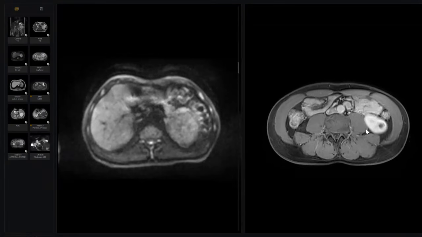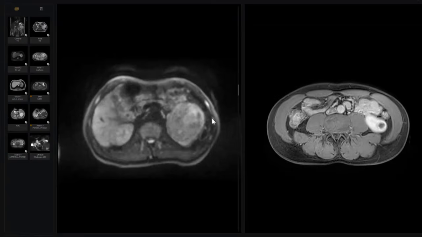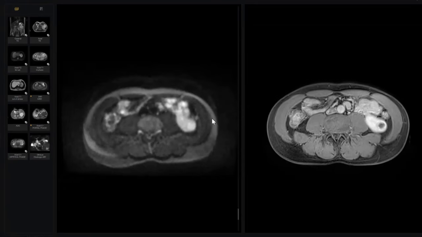So we must concentrate on this one. Look here, look here. There is a non-uniform, thick enhanced wall. At least you can give this Bosniak 4. It looks like malignant. And confirm your diagnosis here.